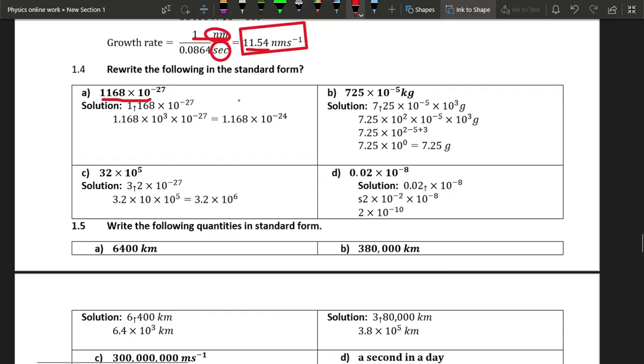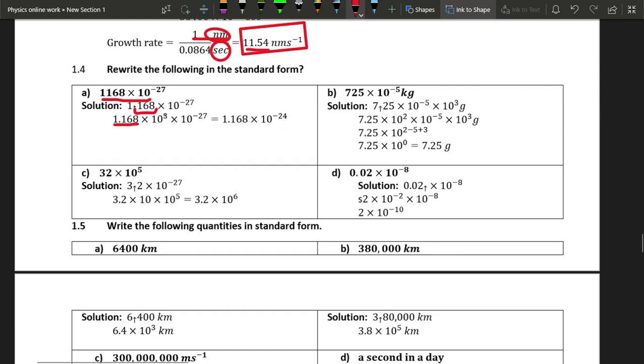So you see in this example A, it is 1168. To make this number between 1 and 10, we move this decimal point, which is after 8, to after the first non-zero digit, which is 1. When we move our point, like you can see in this example over here, it will be 1.168.